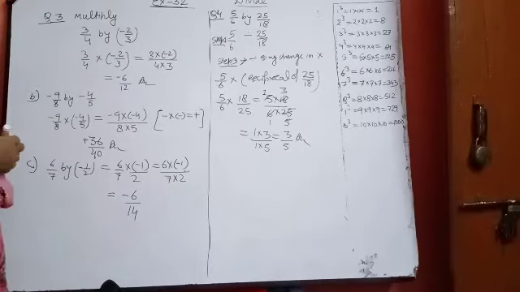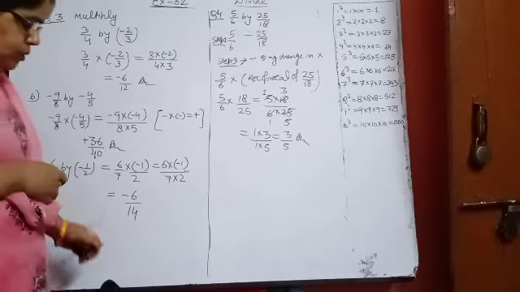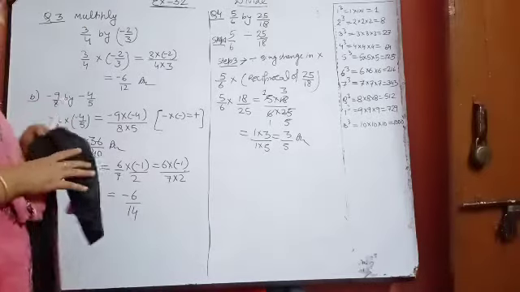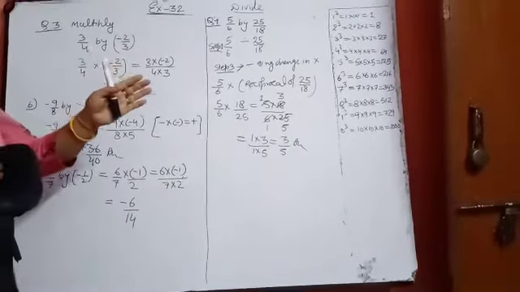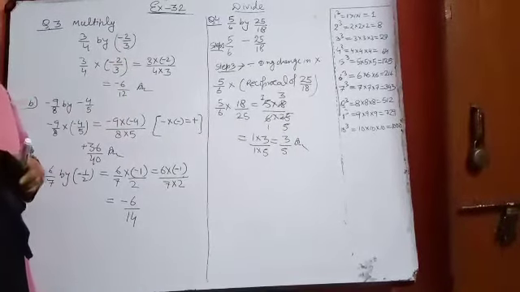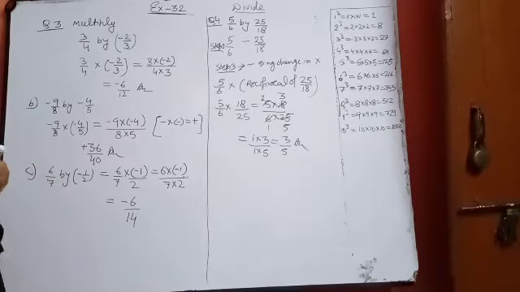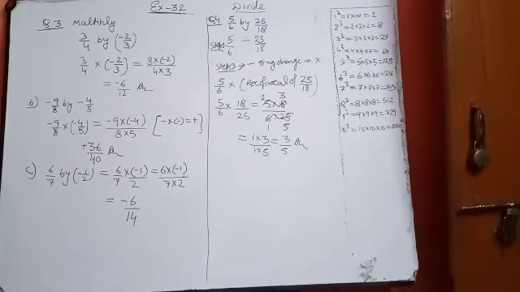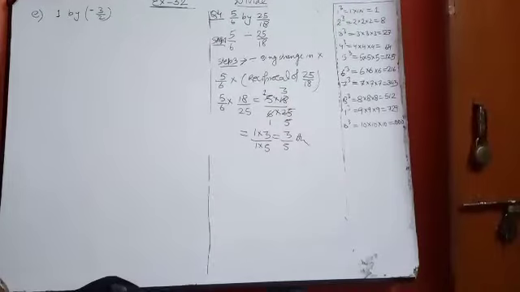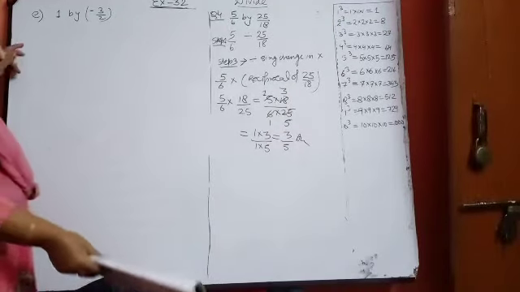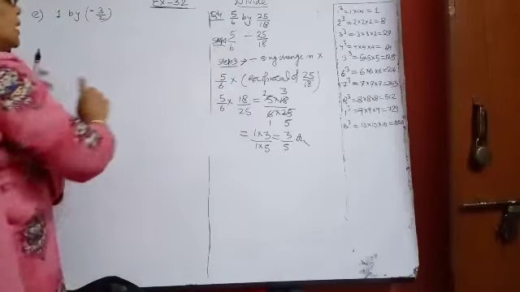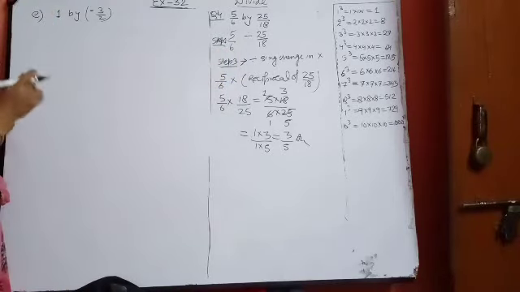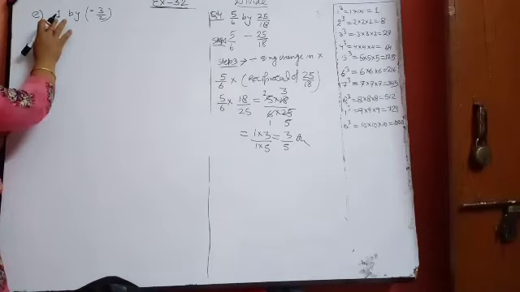One more part of this question I am doing, and then you will do the rest of the parts yourself. If there is only 1 or 3, then you write 1 in its denominator. Now I am doing part E, because the rest of the parts are all in the form where both are complete rational numbers, but here it is not in a complete form.